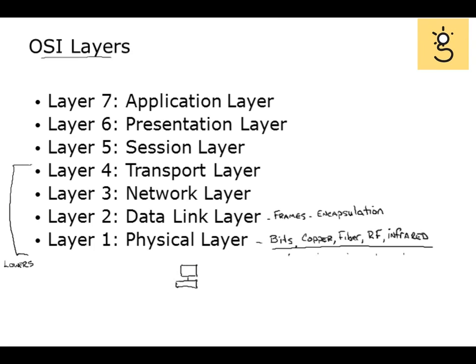So I have a computer over here, we'll call it computer A, and I have computer B. And computer A wants to talk to computer B. And so somehow they are wired together. And there may be other computers that I could talk to, but I need to find a way to address my communications from A to B. And with the world of Ethernet, we use what's called a media access control.